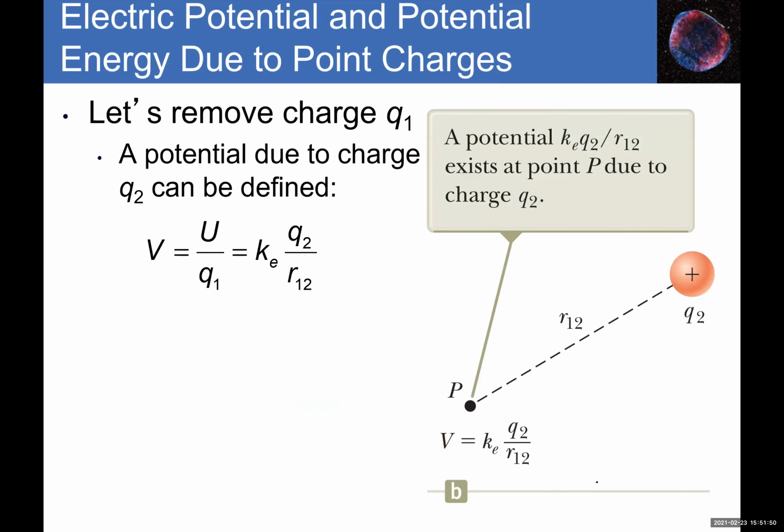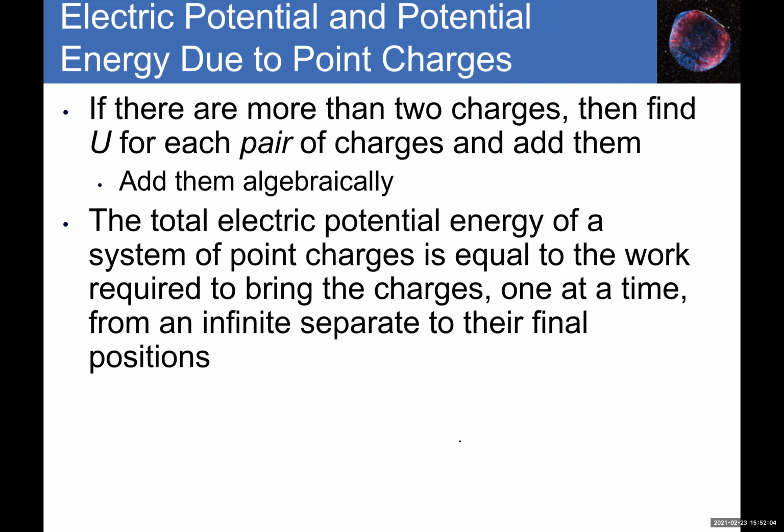Okay, so then you can say, let's remove the charge Q1, and at some point P, you can calculate the potential. That means if you have a source charge, at any point P, you can calculate the potential. So if there are more than two charges, then find U for each pair of charges, then add them together, as I mentioned, algebraically. That means U12 plus U13 plus U23.